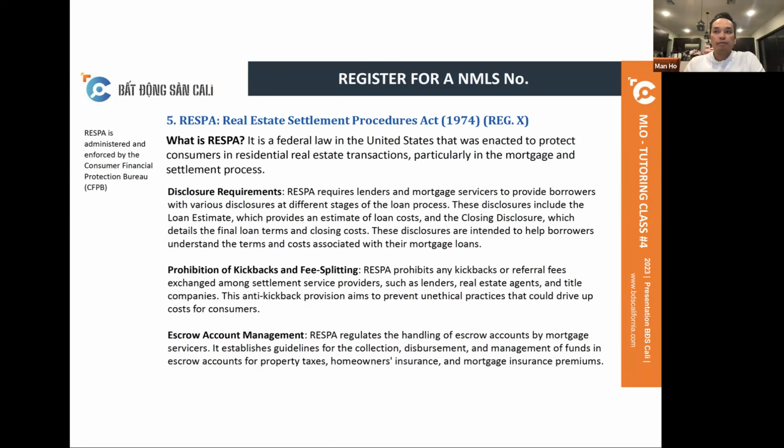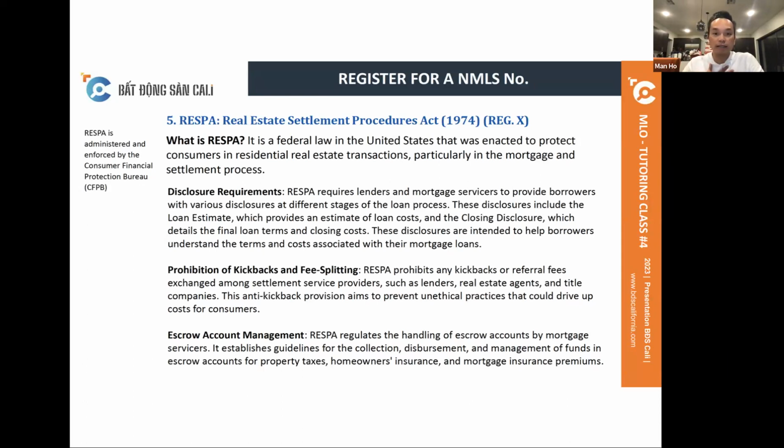So for example, I'm a loan officer, right? I have a client. I ask Mr. A, hey, I have a client, I want to refer my client to you, okay? In return, you pay me some referral fee. Okay, if I don't have the real estate license, that is illegal. That violates RESPA. RESPA doesn't allow kickbacks for the non-licensed, right?